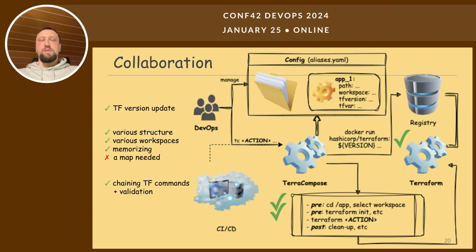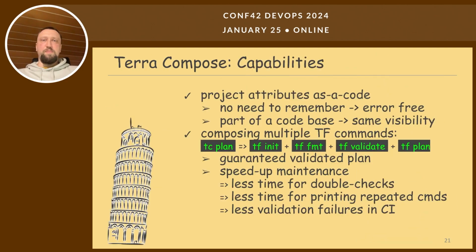We also improve our validation approach because we chain Terraform commands and automatically run validation. We will not forget about it. And it will also automate some cleanup after running an action. So it will also help us in this way.